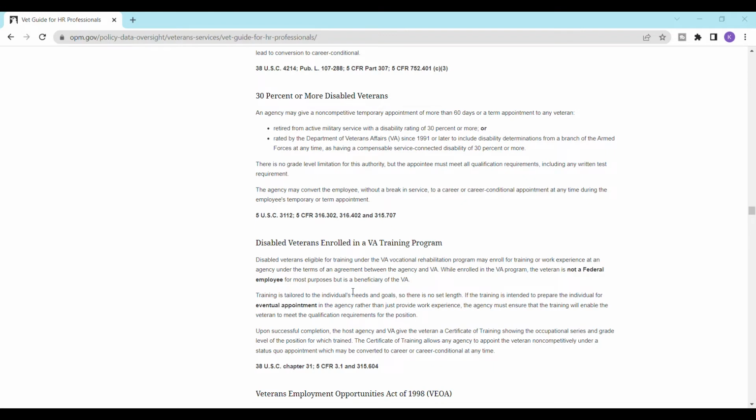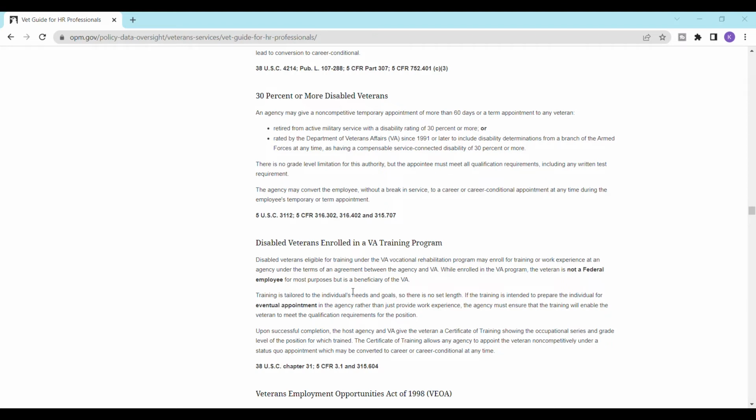The way the 30% authority differs from the VRA is the way the appointment works. VRA has a limit of GS-11; with 30% or more, they do not have a limit. Also, the appointments are different. Under VRA, we mentioned that they have to go on a 2-year probation and then convert to permanent, and they're on an excepted appointment during that time.